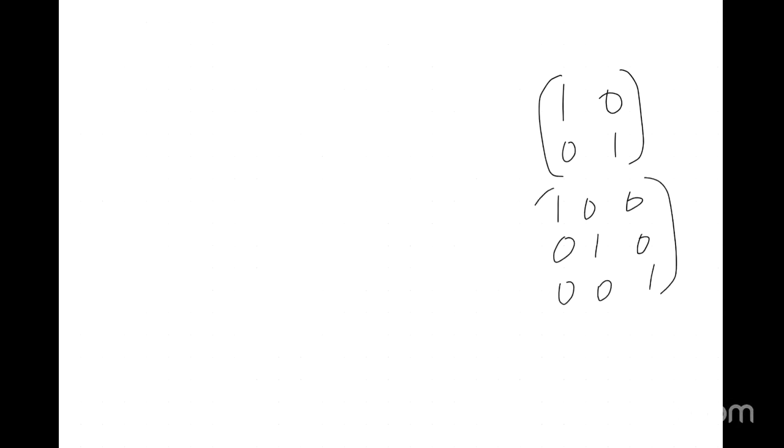Suppose it is a 3 by 3 scattering matrix: 1, 0, 0, 0, 1, 0, 0, 0, 1. So the matrix and its complex conjugate give the identity: S S star equals identity. This is one of the properties.